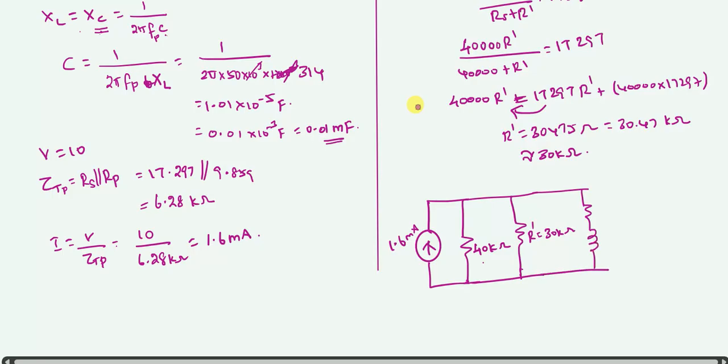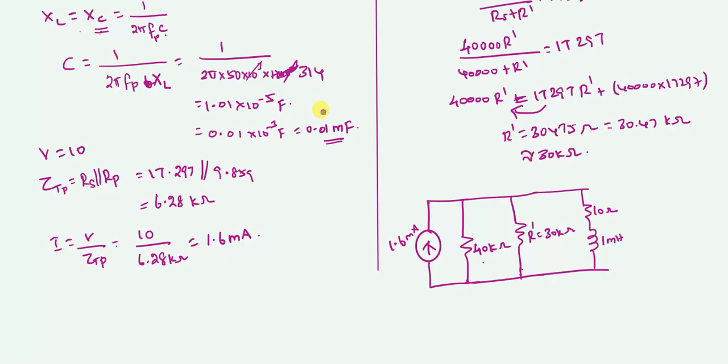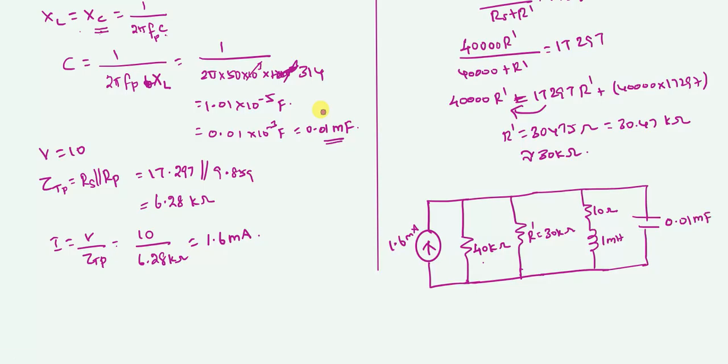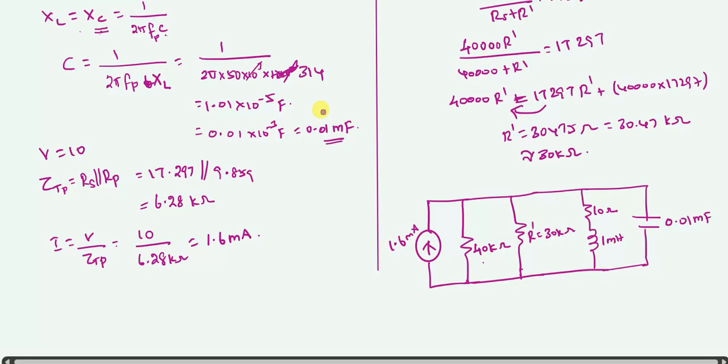The resistance of the inductor is 10 ohm, and this is 1 millihenry. And the capacitor value is 0.01 millifarad. So this is the corresponding design of the parallel resonance circuit. I hope it is very well clear to you. Thank you.